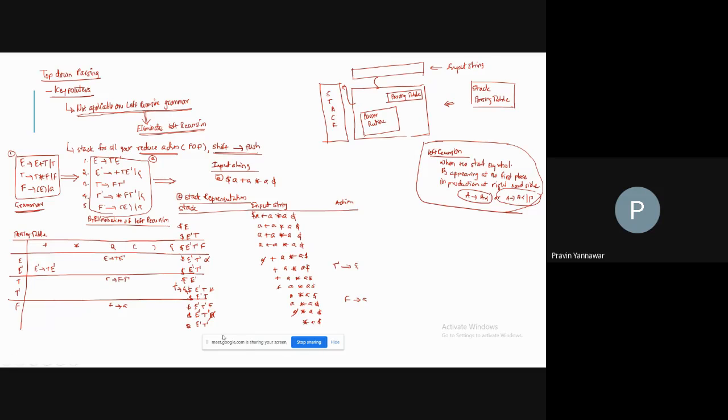Now in this case, what is left is this. For star, if you look at T', for getting a star, if we are going with T' with star, then we have to write T' is star FT', right? T' is star FT'.